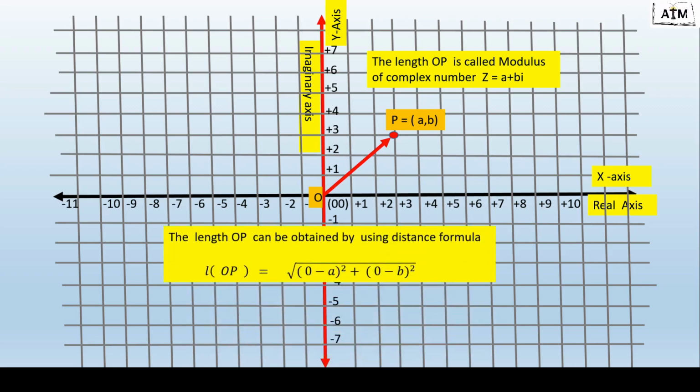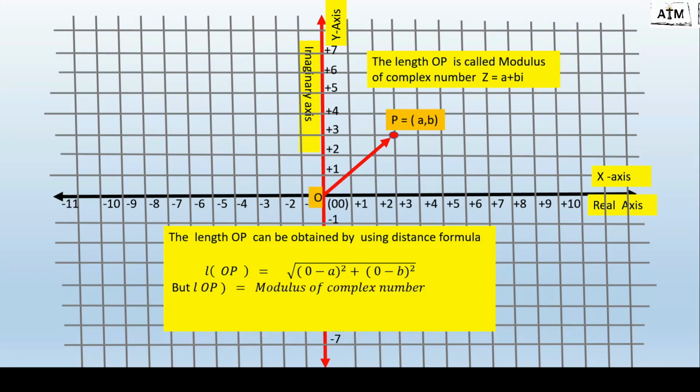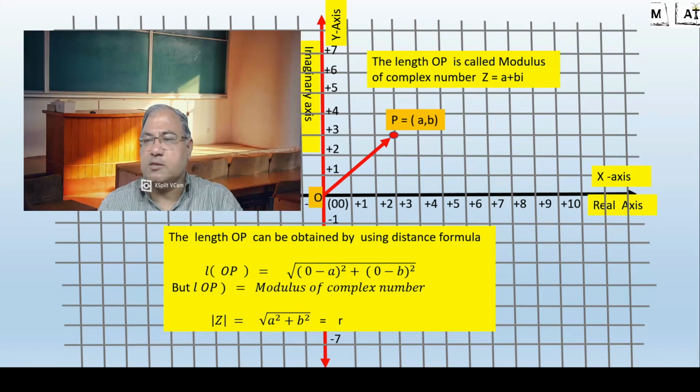Then the length OP equals the square root of (0 minus a) whole squared plus (0 minus b) whole squared. Thus, the modulus of the complex number z equals a plus bi is equal to the square root of a squared plus b squared. For any complex number, if you wish to find the modulus, simply apply this formula: modulus of z equals the square root of a squared plus b squared.